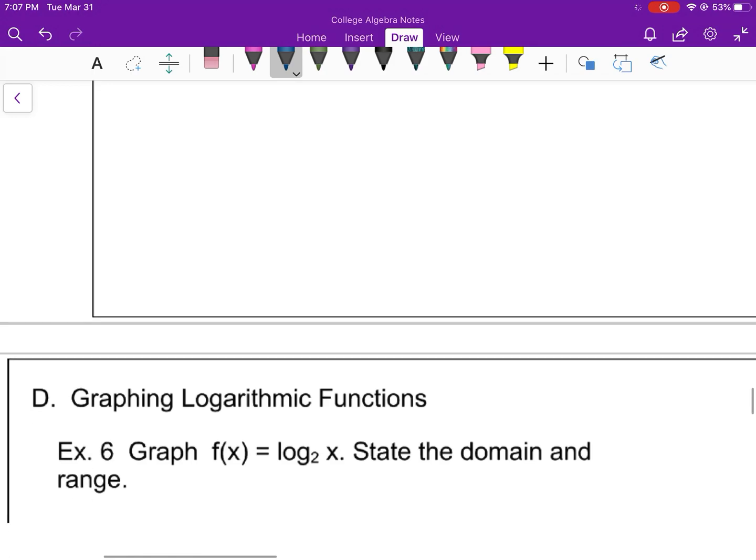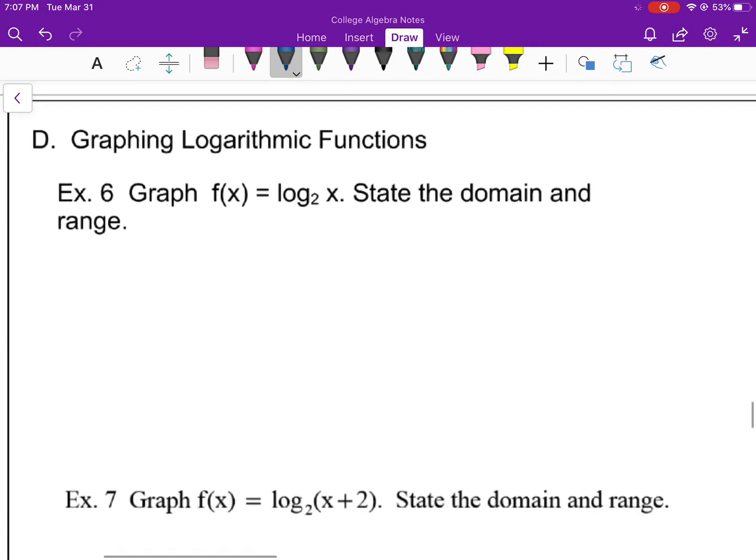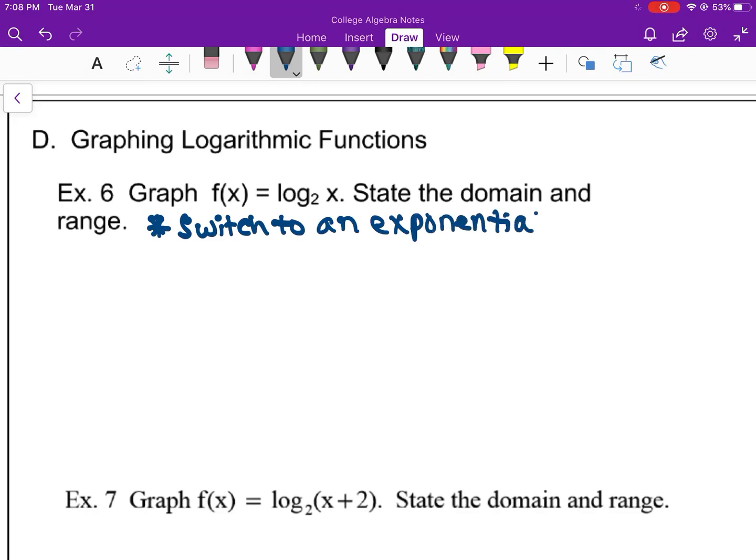The next part of your lesson, we're going to be graphing logarithms. Now, the easiest way for me to get you to graph a logarithm is to switch it to an exponential. This might be different than how you graph them in Algebra 2.